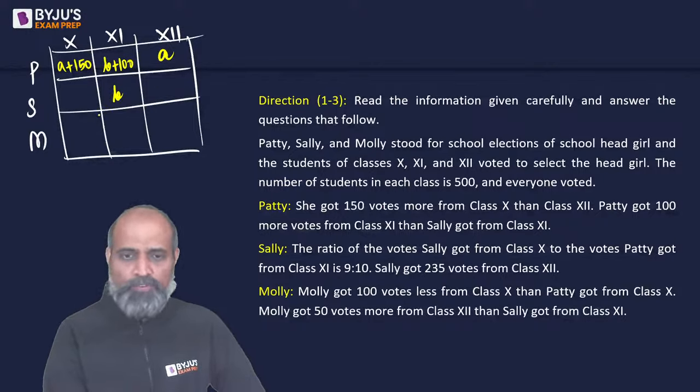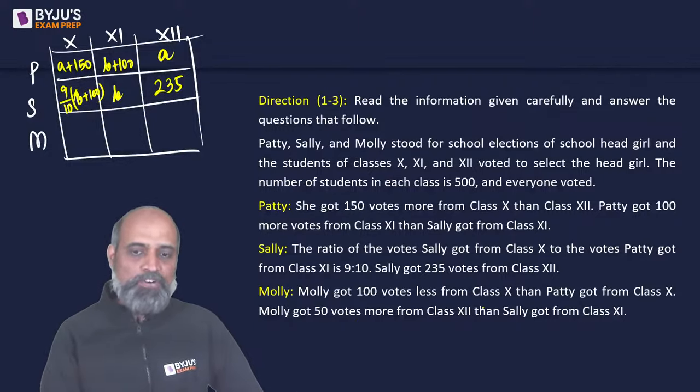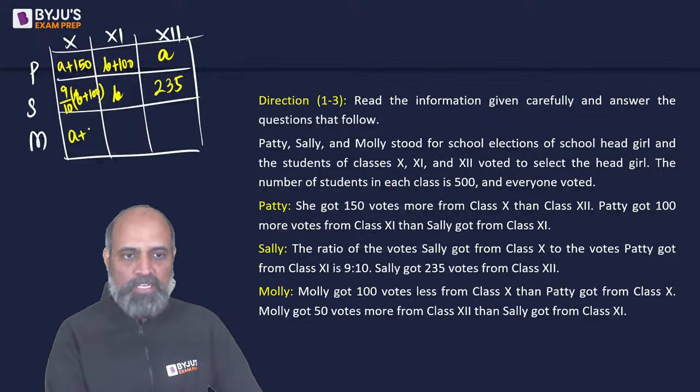The ratio of the votes Sally got from class 10th to the votes Patty got from class 11th is 9:10. So this one will become 9/10 of B plus 100. Sally got 235 votes from class 12th. Molly got 100 votes less from class 10th than Patty got from class 10th, so this is going to be A plus 50.